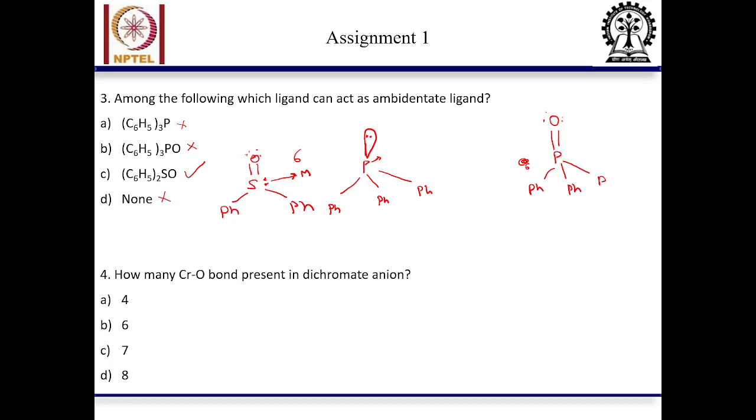I think the professor has discussed this in one of the three lectures, where he described the various oxidation states present in transition metals. He came across the dichromate there. So how many chromium-oxygen bonds are present in the dichromate anion? Can anyone write in the chat box?